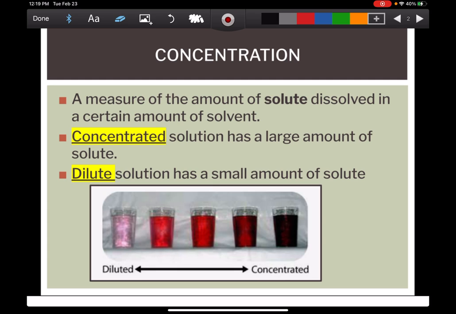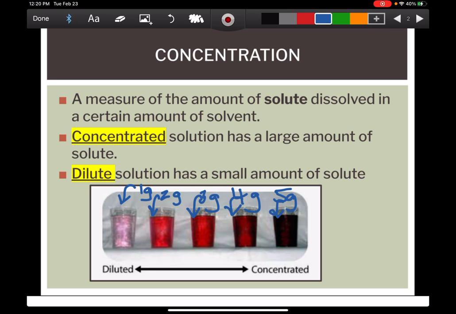But as I begin to move toward situations where I put in 1 gram, and now I have 2 grams and 3 grams and 4 grams and 5 grams of solute dissolved in my cup, the more I have, the more concentrated the solution is. And you notice here that the colors are also changing as those solutes are dissolving. Okay, so concentrated means having more solute in it.